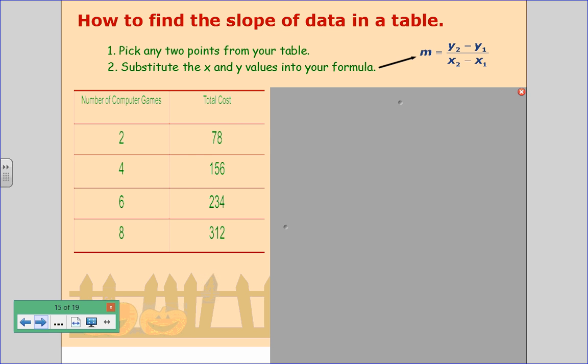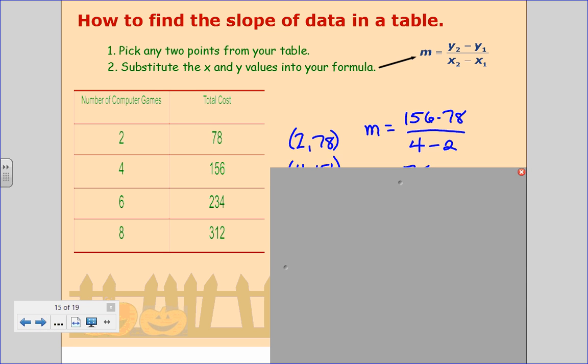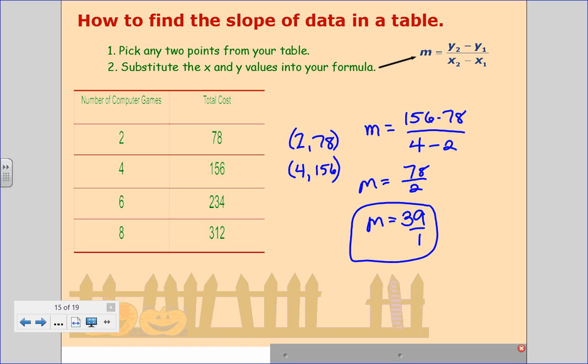All right, try this one on your own, finding the slope of this data table. Click pause, and then when you click play, we'll check together. Okay, so you found your change.